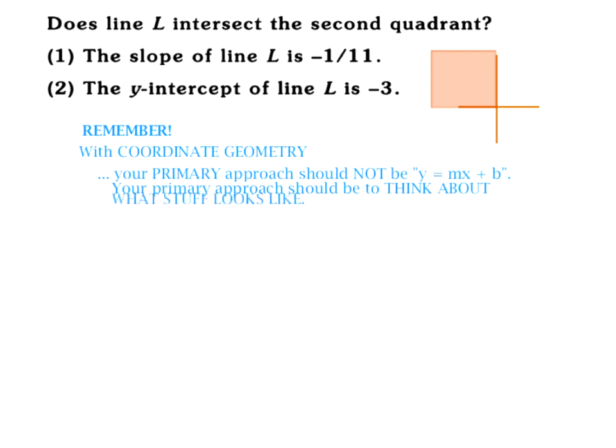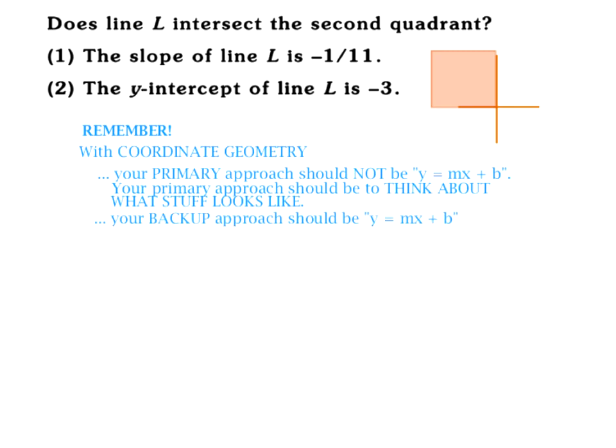That's one of the reasons why they put coordinate geometry on the GMAT, because they don't want people to just be grinding algebra all the time. Most problems are about visuals. You can use y equals mx plus b as a backup approach, but only as a backup approach, because most problems are about visuals.